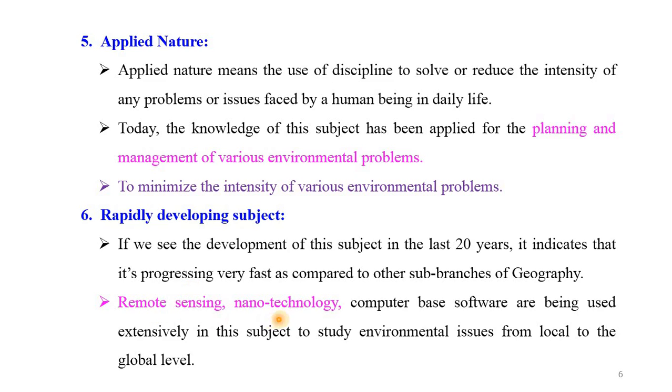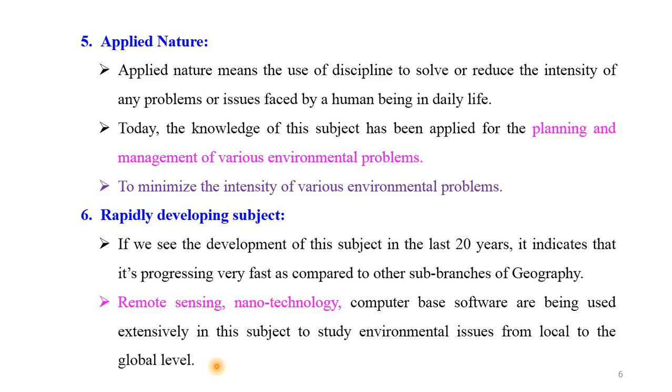Remote sensing, nanotechnology, and computer-based software are being used in this subject continuously to study environmental issues from the local to the global level. These things also add updated knowledge in this subject. Therefore, this subject is developing very rapidly as compared to other branches of geography.